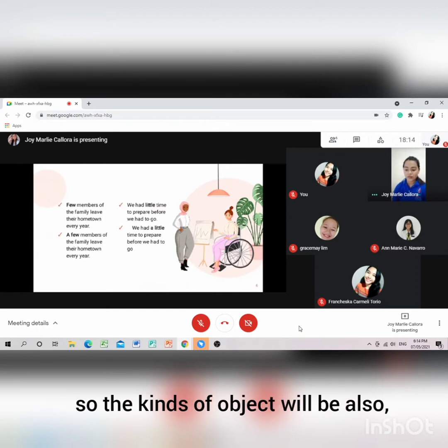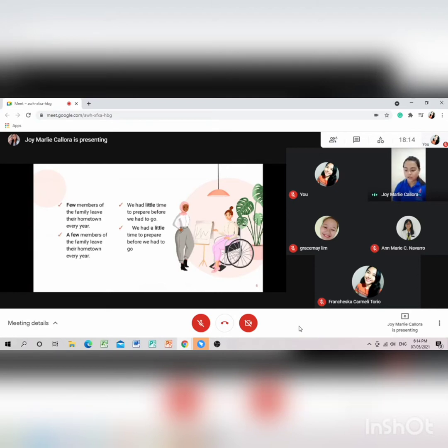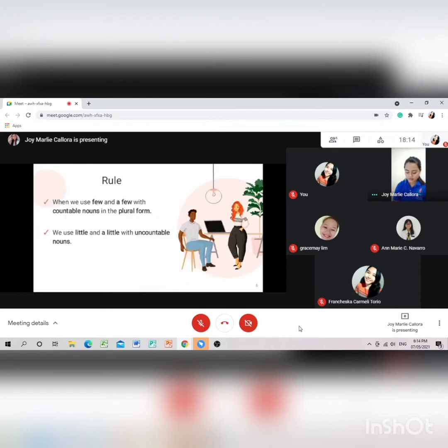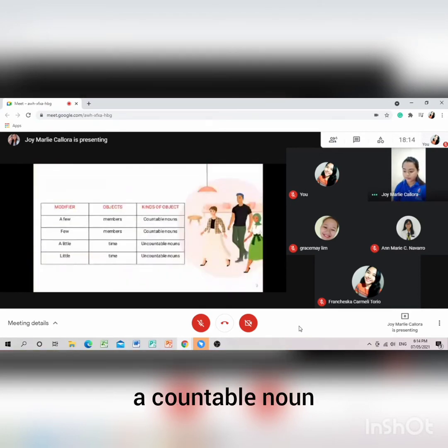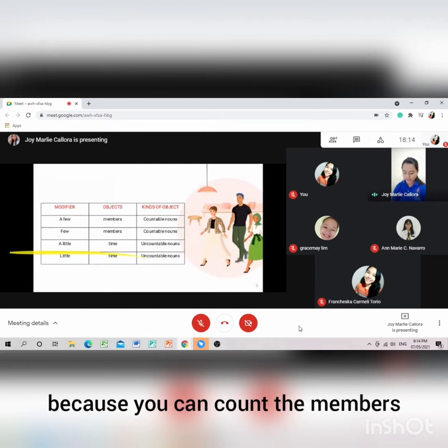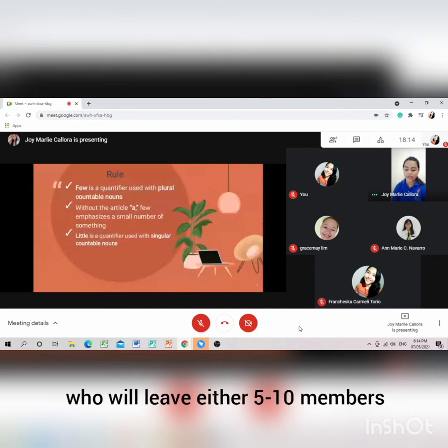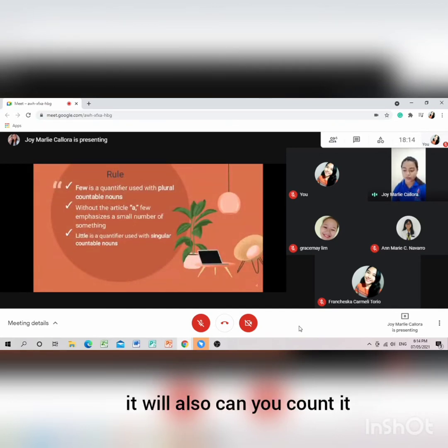So the kind of object will also be a countable noun, because you can count the members who will leave, either 5 or 10 members. Can you count it? So it will be countable nouns.